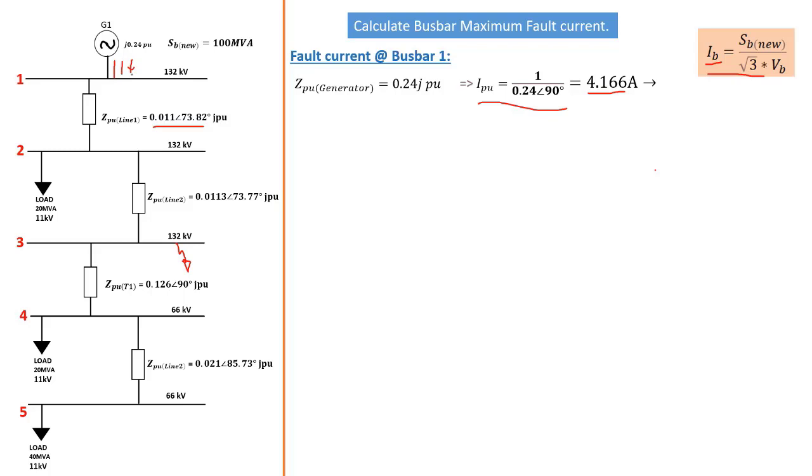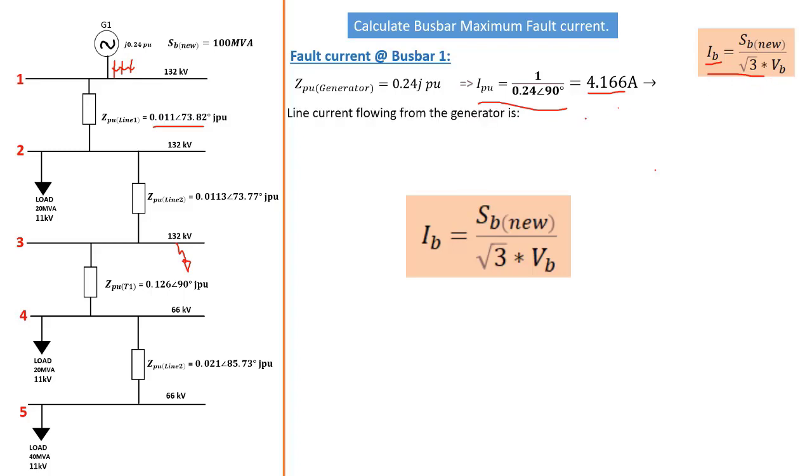So each phase is bringing in a current into the busbar here. That's what we call the line current or the base current. Now to find that current, we use this formula that is on your screen. So we replace the values, then we get the current of 437.386 amp. That is our line current.